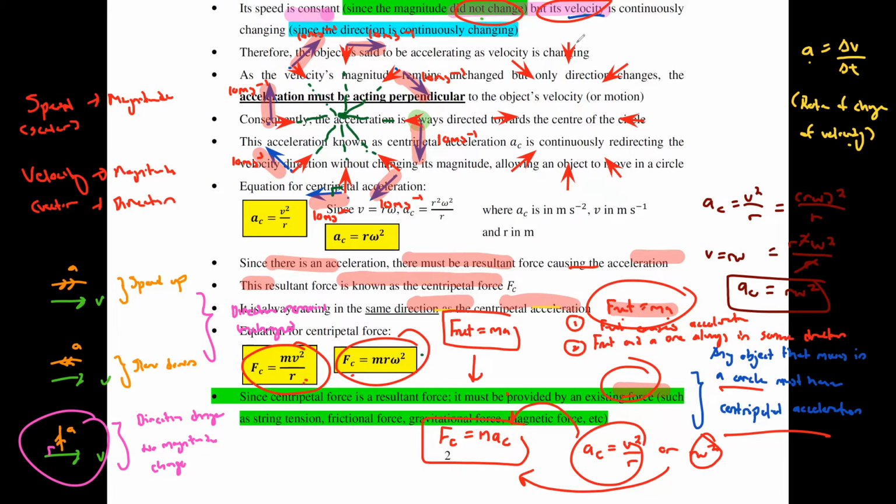Now, one thing to note here also is that centripetal force is actually a resultant force. It doesn't exist by itself. It must be provided by an existing force, such as string tension, frictional force, gravitational force, magnetic force, and so on. What do we mean by that? Let's just say I give you a block that is being pushed by one force worth, say, 10 Newton, and then it encounters a resistive force of, say, 5 Newton.